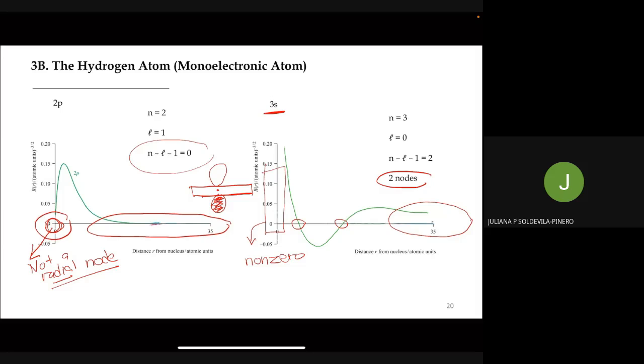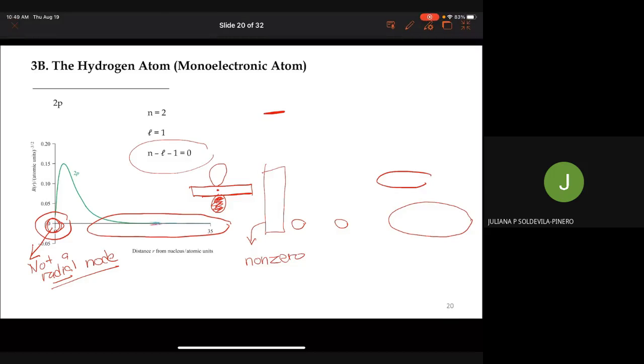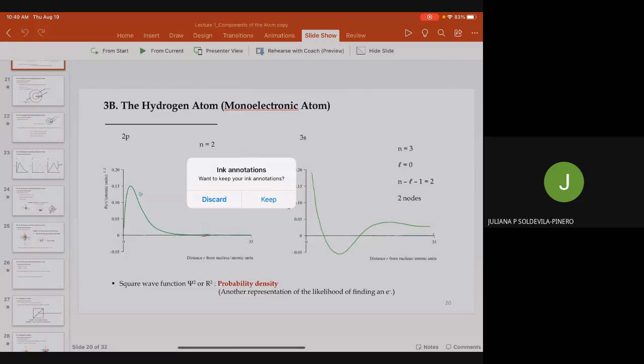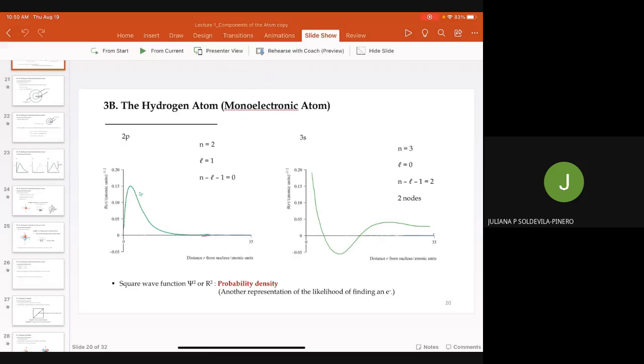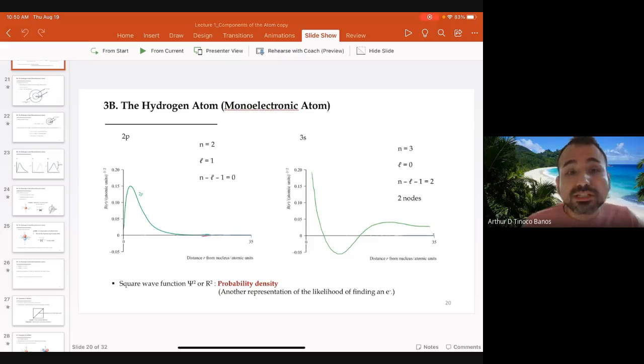When you say a radial node, at first, in the graph in the slide before, I thought that the radial node was every time there was like a dip under the x-axis. It's when it crosses zero. It has to touch zero.